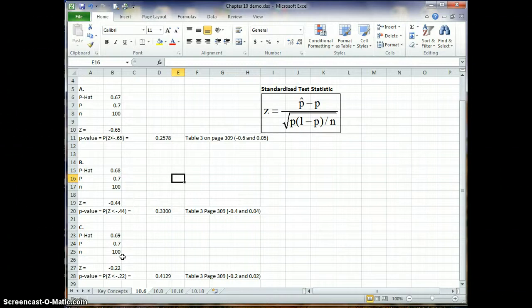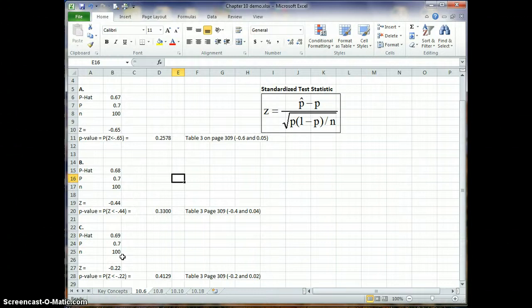I believe it's part D, please? Oh, describe the effect of the z statistic and its p-value of increasing the sample proportions. So as we increase p hat from 0.67 to 0.68 to 0.69, what do we see happening to the z-score?